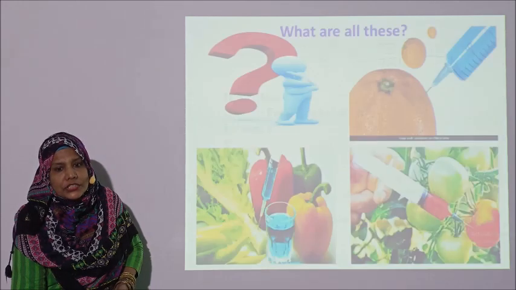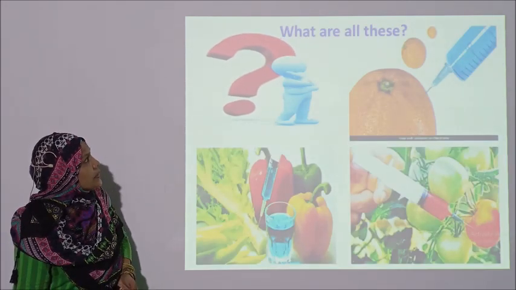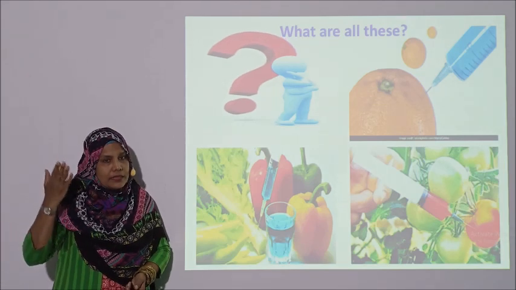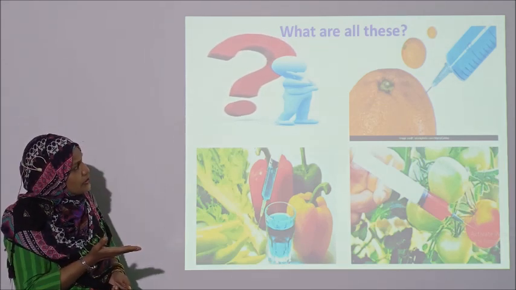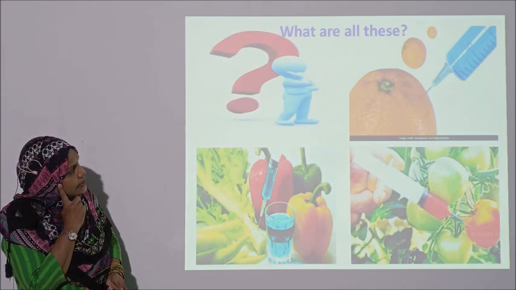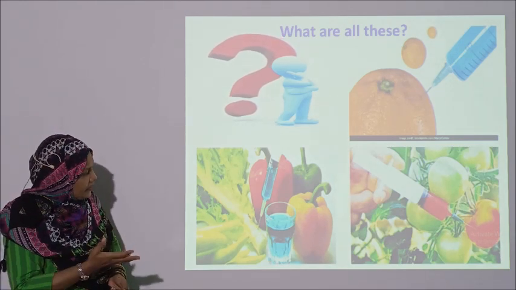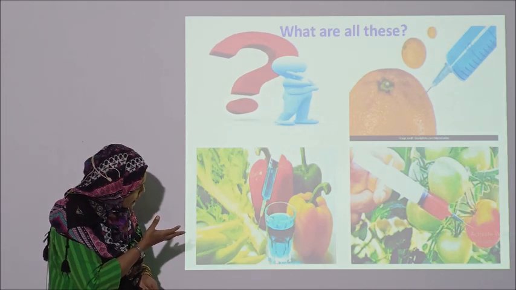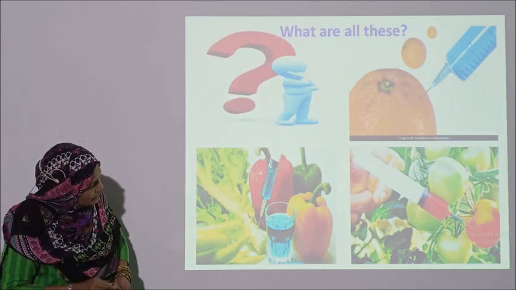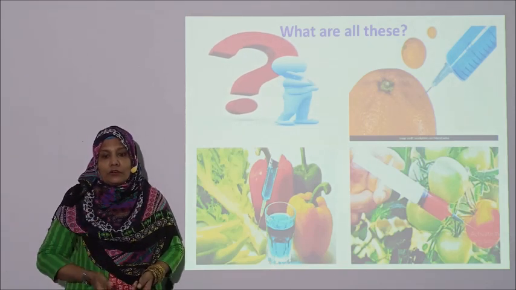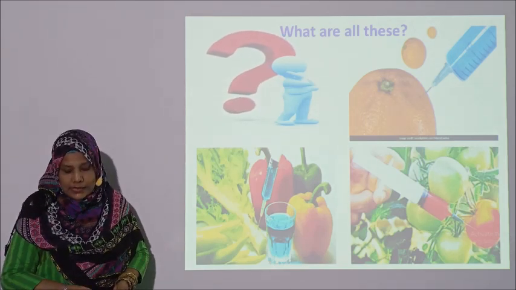Before starting the session, we can warm up. Ask, what are all these? Just make some sense of what the pictures are showing. Someone is injecting something into an orange, someone is injecting something into our vegetables, and you see someone injecting something into our fruits or vegetables, that is, tomatoes.